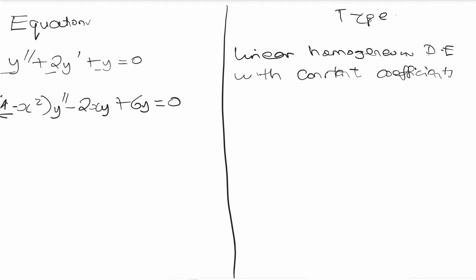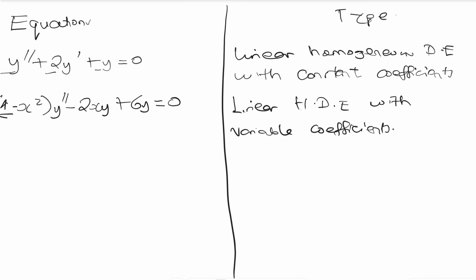So this is a linear homogeneous differential equation, but with variable coefficients, because the coefficient of this one here is 1 minus x square, so it depends on the value of x, so it's a variable.